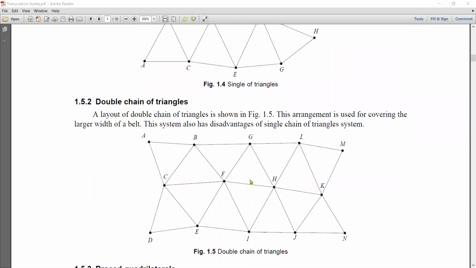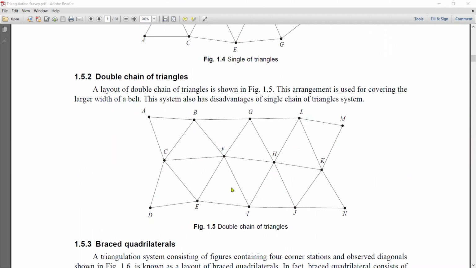Similarly, going to the double chain of triangles, see the figure, a layout of double chain triangles. This arrangement is used for covering a larger width of a belt, a larger area. By making two chains, this is one chain and this is the second chain.